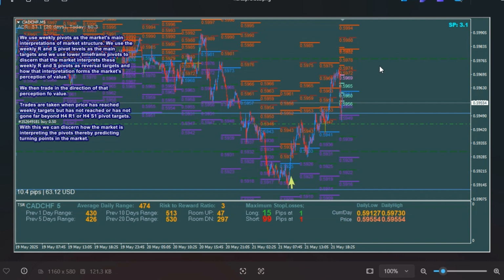We then added a few slight adjustments to increase the accuracy, which then decreased the frequency. So we applied that same three keys methodology to weekly pivots in order to increase the frequency of trades. We then added a few more slight adjustments to increase the accuracy, which decreased the frequency a little bit.